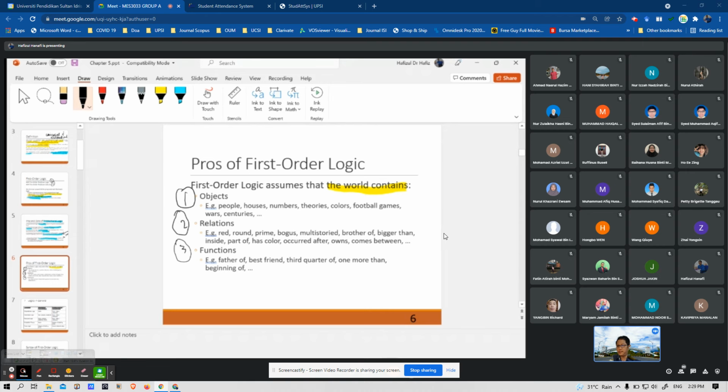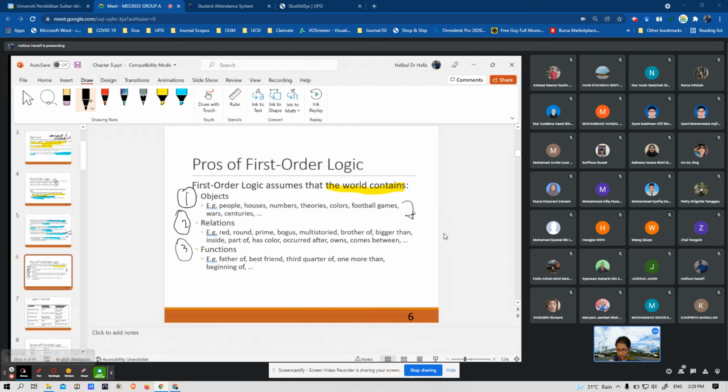And then the objects themselves must contain relationships. Relations such as red: people have red or blue eyes, and so on. Houses have bigger parts, and then have colors and so on. And then for two of the entities, they have a function, such as father of, best friend, third quarter of.